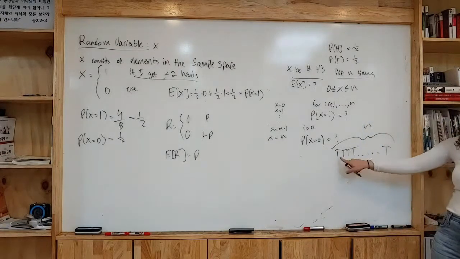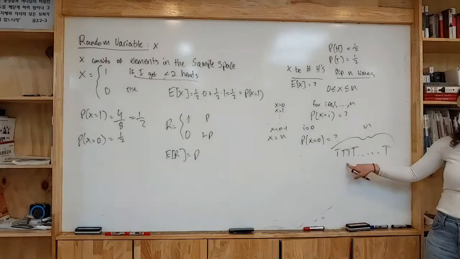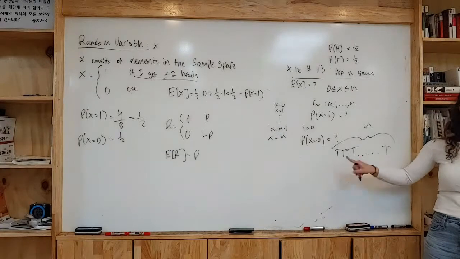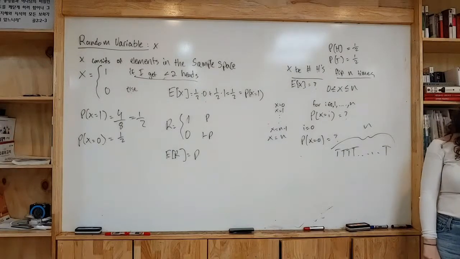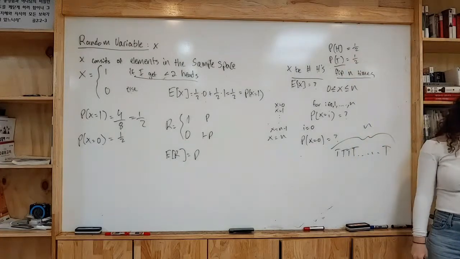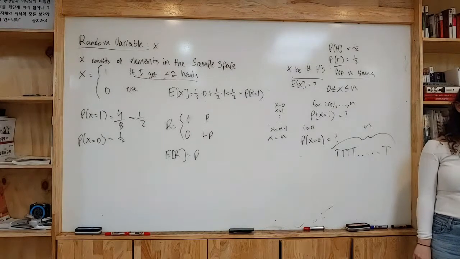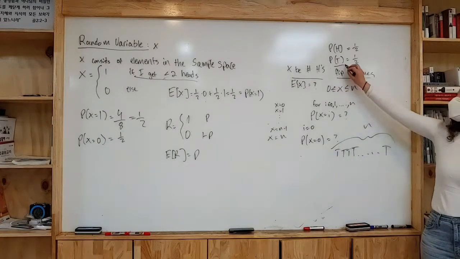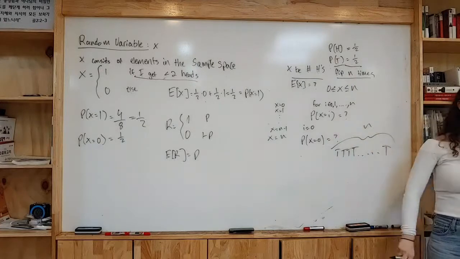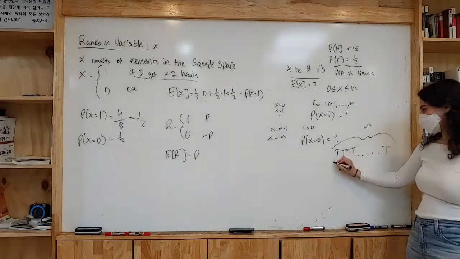These are independent. What's the probability of 1 tails? 1/2.